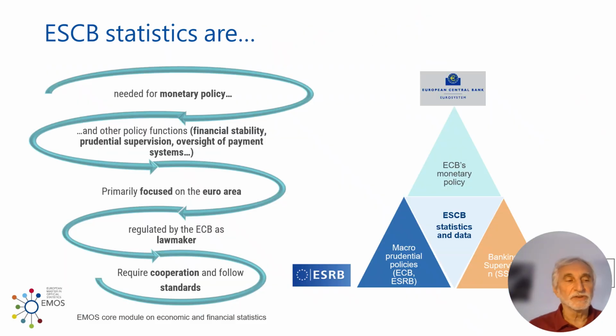So starting with the ESCB statistics, so the statistics of the European System of Central Banks, let's start with the functions of the European Central Bank. So the European Central Bank has basically 3 broad functions. The one, which was the initial function, is namely monetary policy, to do the monetary policy for all those countries participating in the monetary union, the European Monetary Union.